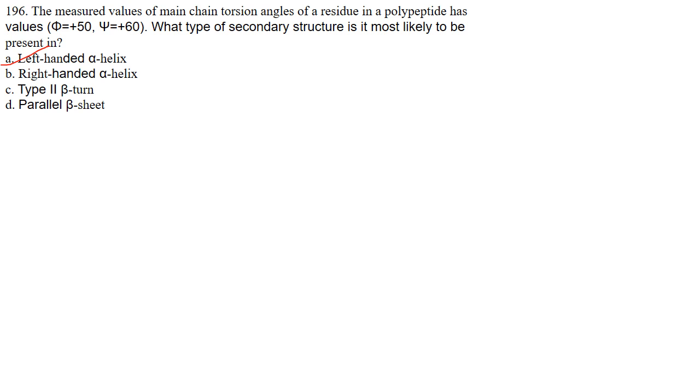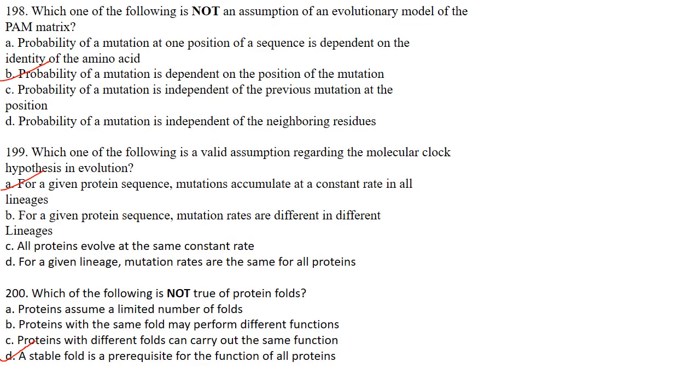Answer is option A. Then next one. Which one of the following is not an assumption of an evolutionary model of the PAM matrix? So probability of a mutation is dependent on the position of the mutation. So answer is option B.